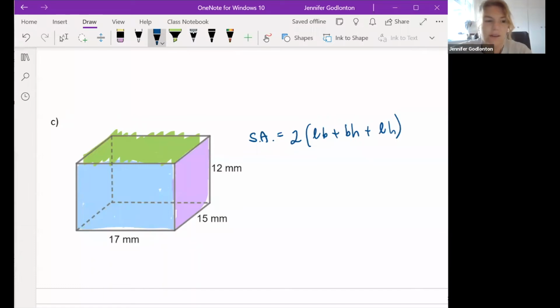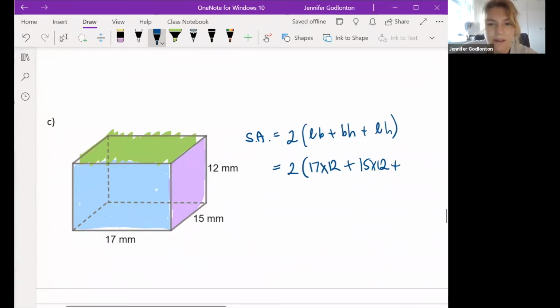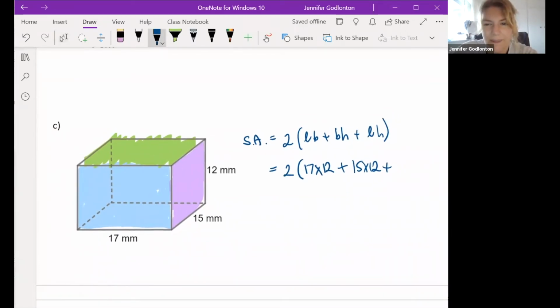So first we'll say 2(17 times 12), then close the bracket, then we add 2(15 times 12). Then we'll have to say 17 times 12, we've already had that. Oh, it's L times H, 17 times 15. There we go.